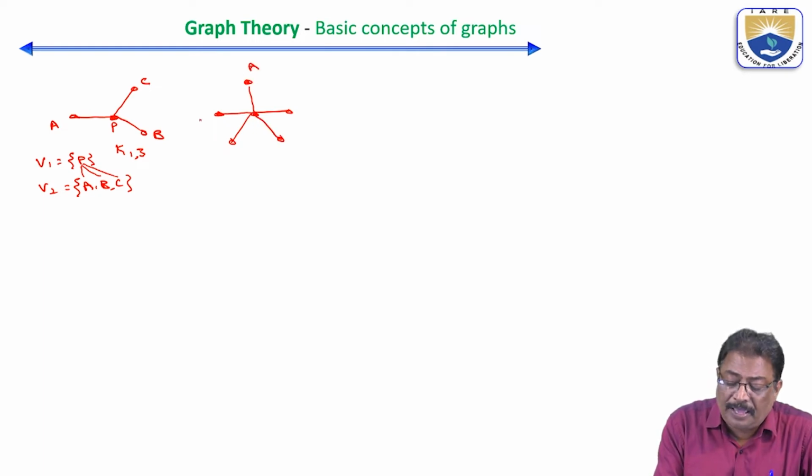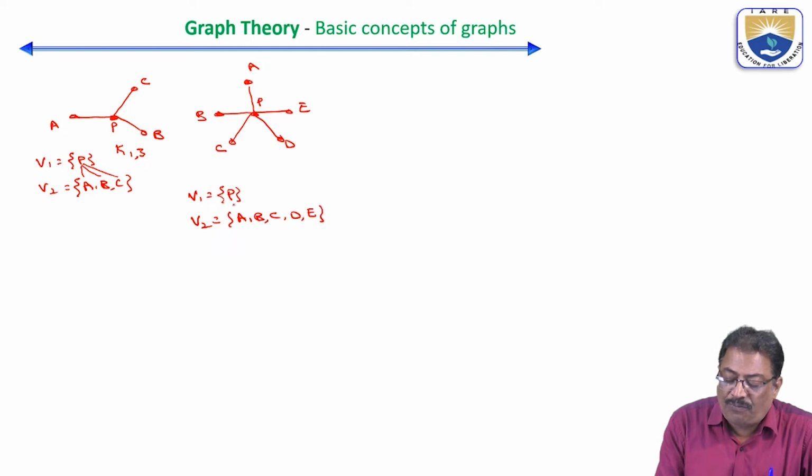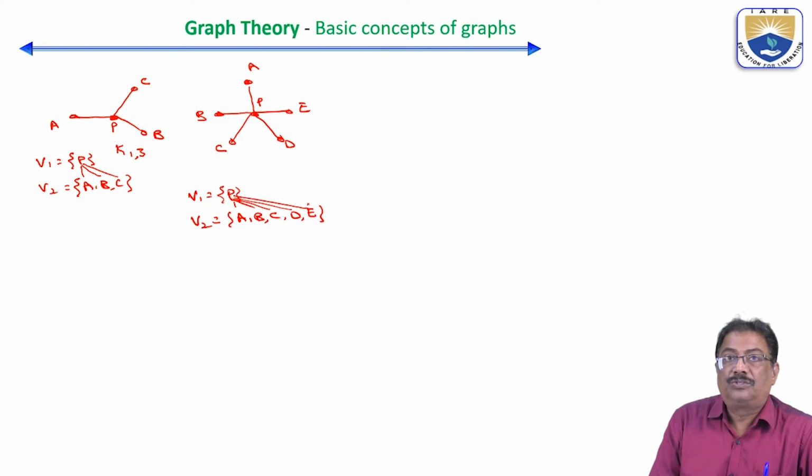Here A, B, C, D, E, and here let us say P. Once again I am taking V1 as P and V2 as A, B, C, D, E. From P to A there is an edge, P to B there is an edge, P to C, P to D and P to E there are edges. So we can say that it is a complete bipartite graph and it is denoted as K1, 5.